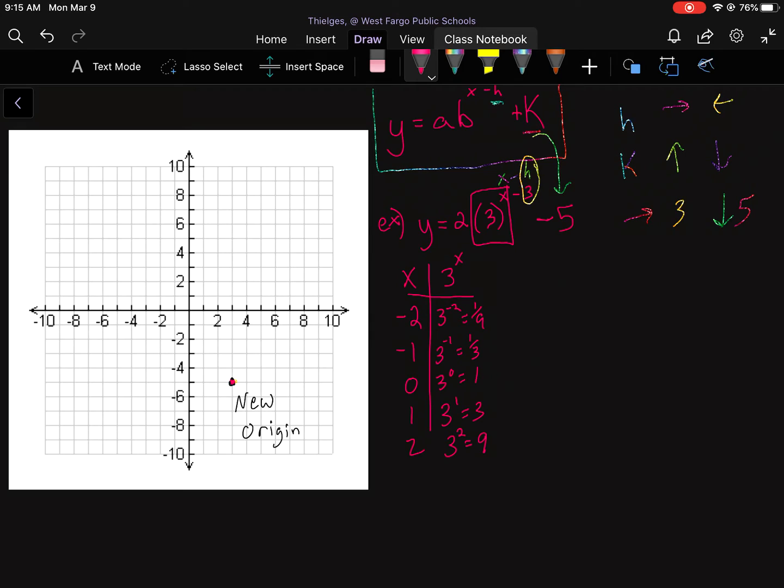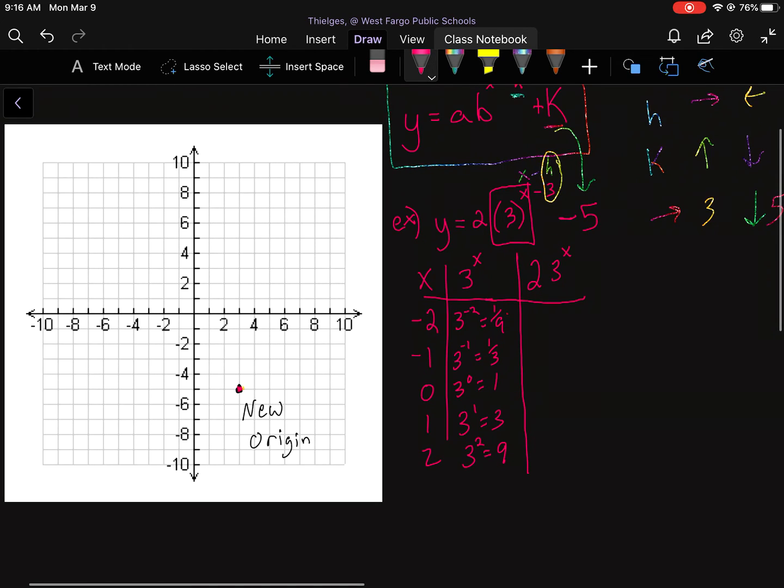Where this 2 comes into play, just like every single parent function relationship we've ever done, is that I'm going to multiply whatever you put here in your parent function by 2. So times 2, times 2, times 2, times 2, times 2.